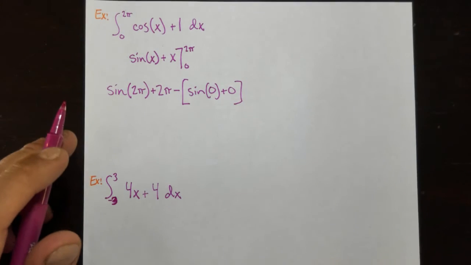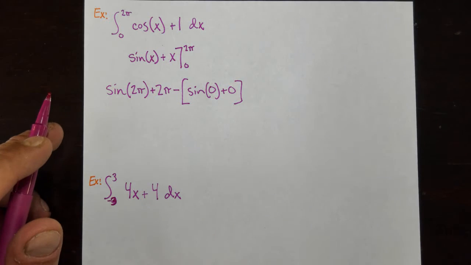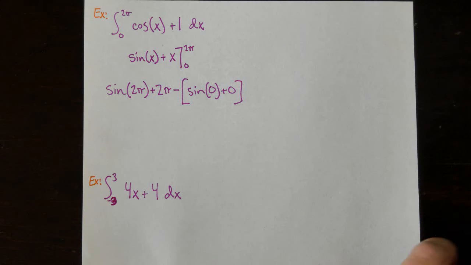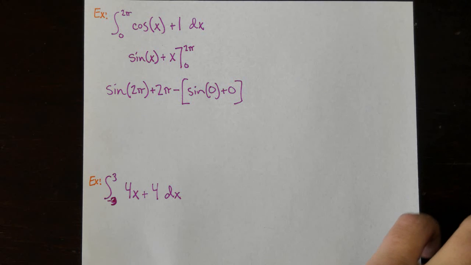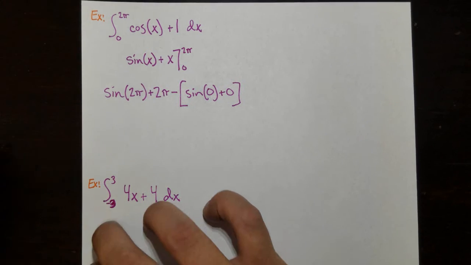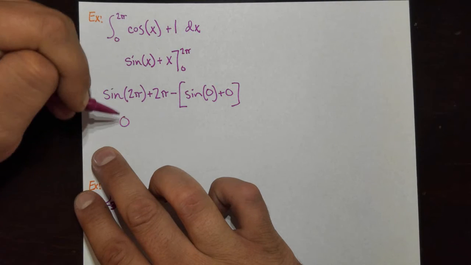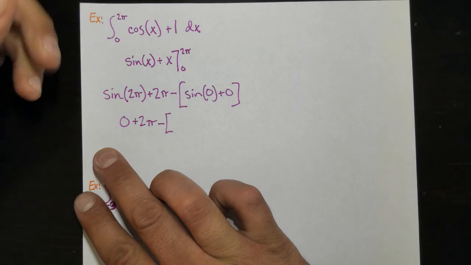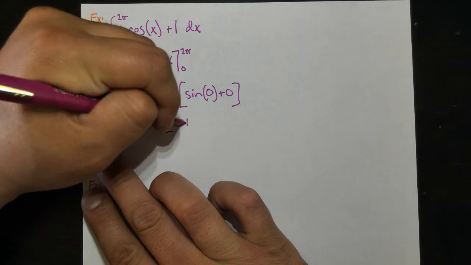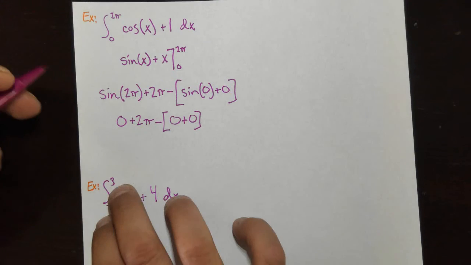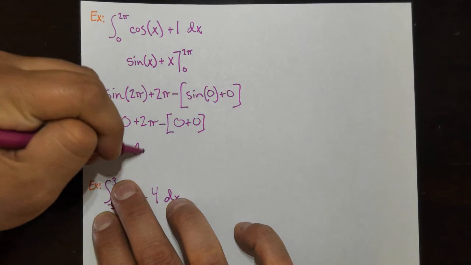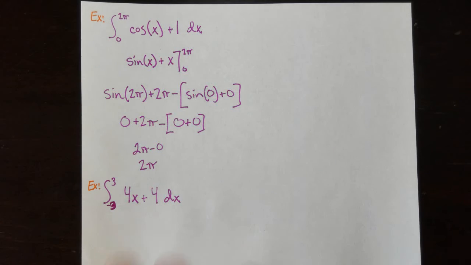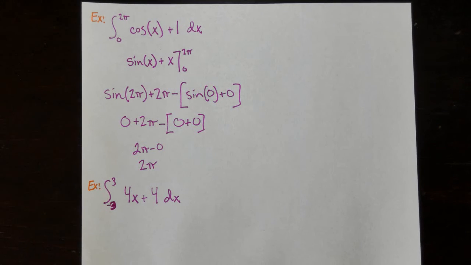So sine of 2 pi, I believe I should have this memorized, I'm just brain farting right now. Yeah, 0. So 0 plus 2 pi minus, and then sine of 0 is 0, so it's going to be 0 plus 0. So really this is 2 pi minus 0, which is just 2 pi. So that's the area under the curve.